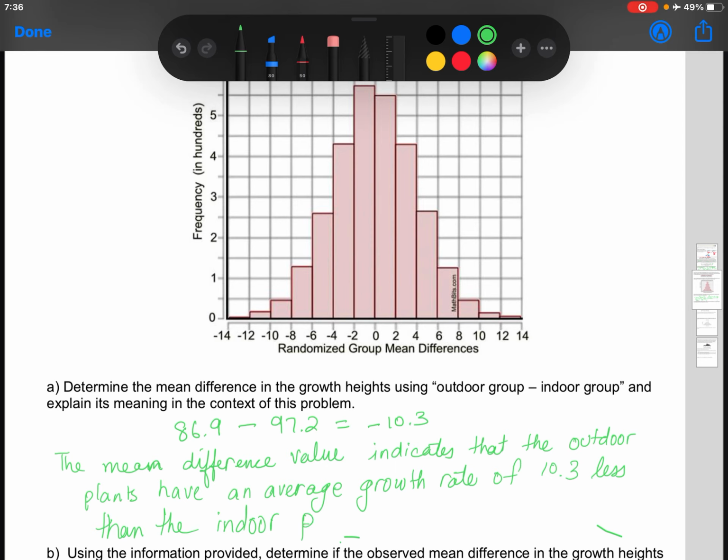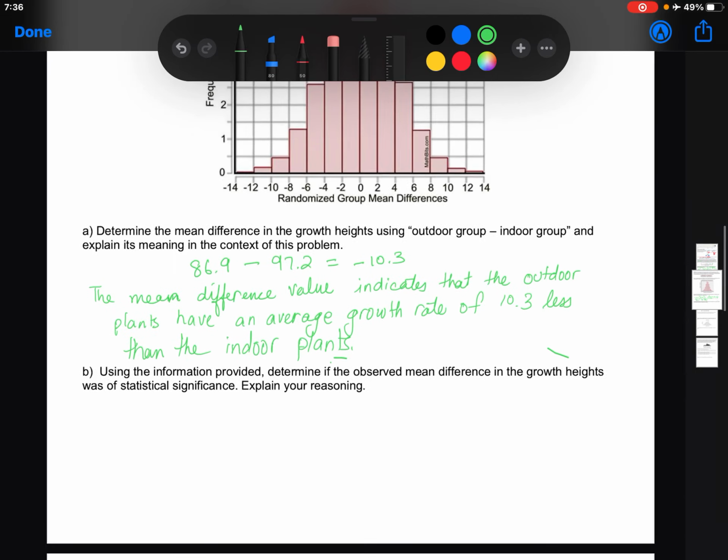Right? Less than because it's negative. The negative tells you that it is less than that, right? Okay, so that was pretty straightforward.